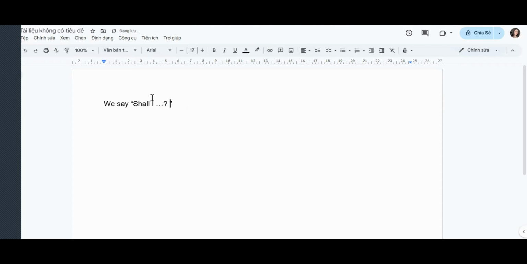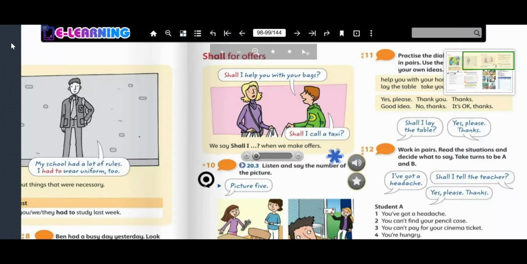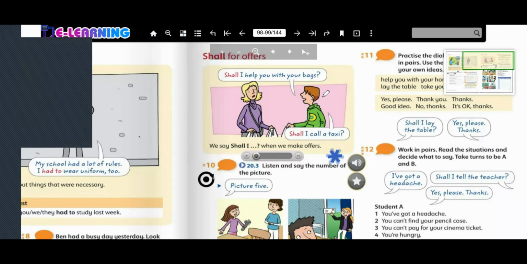We say, shall I, when we make offers. Make offers means that you give somebody something, or you give someone help.